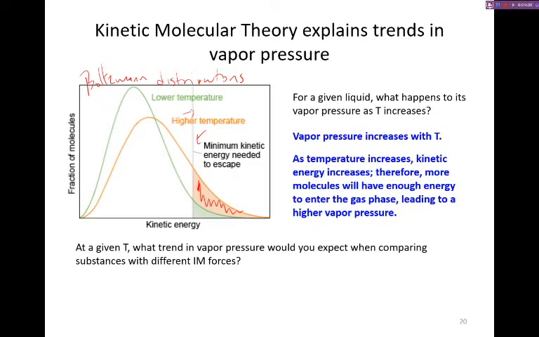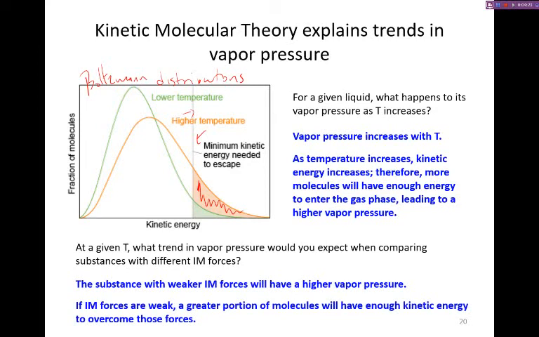So if we have a given temperature, what trend would we expect when comparing substances with different intermolecular forces? Think about that for a second. How would intermolecular forces affect vapor pressure? Well, substances with weaker intermolecular forces are going to have higher vapor pressure.